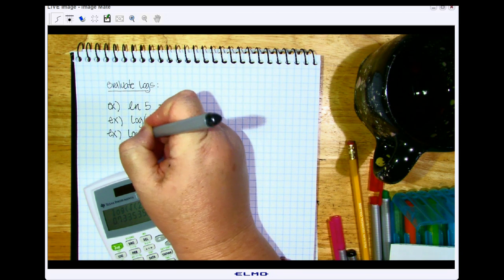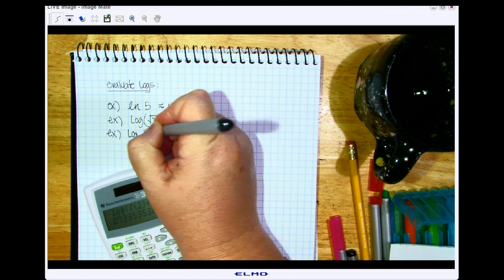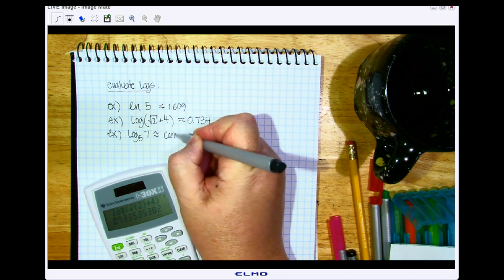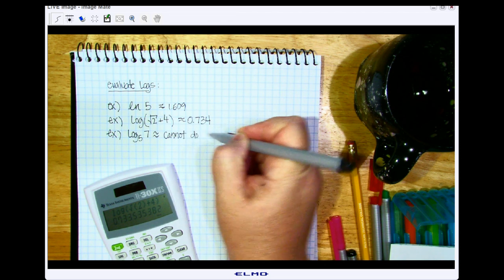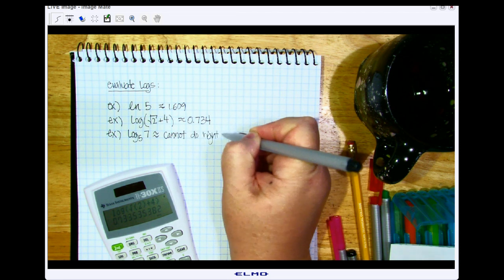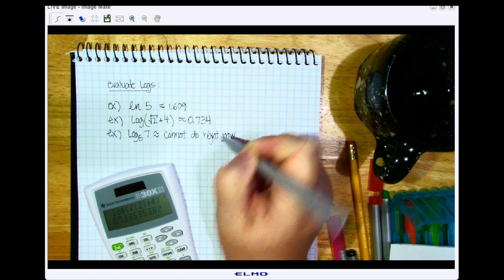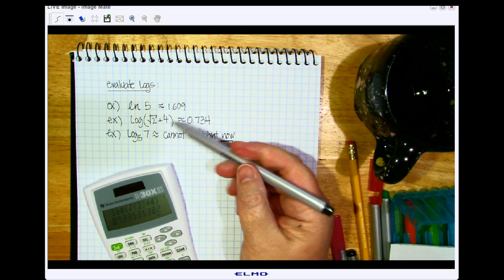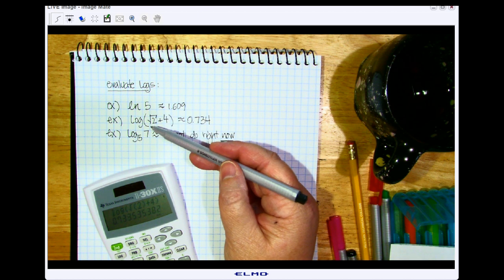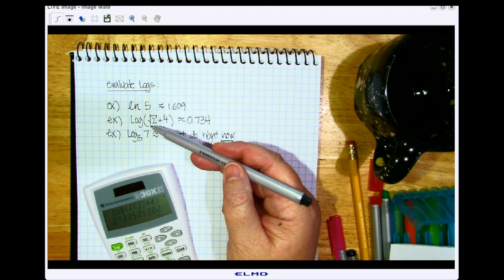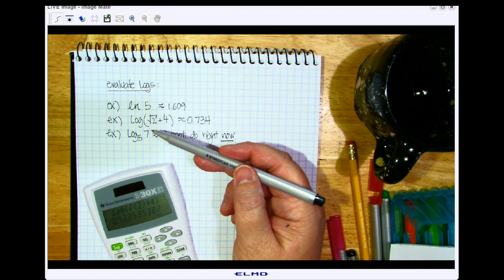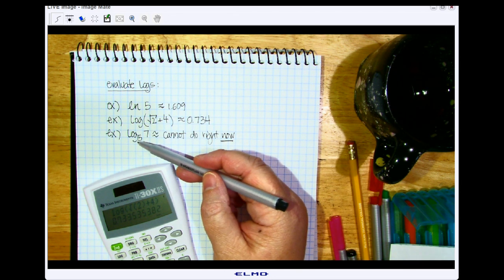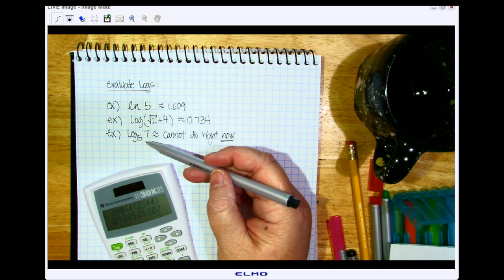And if they give me something like a log base 5 of 7, you cannot do this right now. We'll work on it later, but right now the only ones that you can do are LNs and log base 10s, because that's all you have in your current toolkit. So please don't think that you could do a log base 5 of 7 right now.